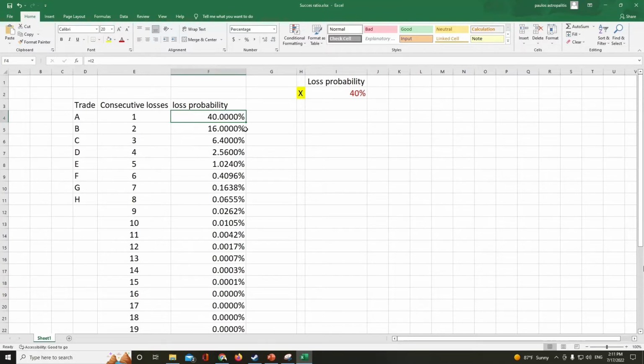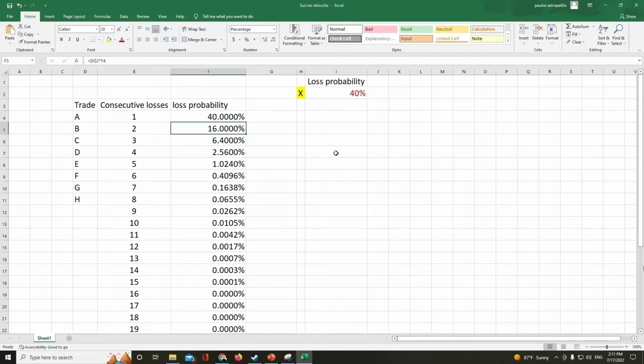It's 40%. Crystal clear. Now, let's say that you execute your first trade, and you are losing the trade. So we are going to the second one. Now, remember that these two incidents are unrelated. So, what is the probability of losing the first trade and also losing the second trade?